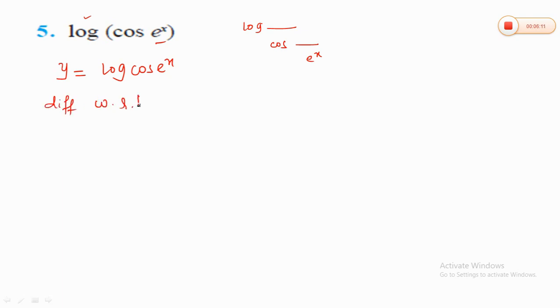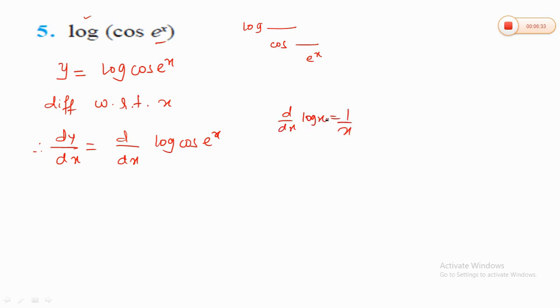Differentiate with respect to x, dy upon dx equal to d by dx of log of cos of e raised to x. We know that d by dx of log x equal to 1 by x, already told, and last year I have practiced this one. So therefore the derivative of log is 1 by x.